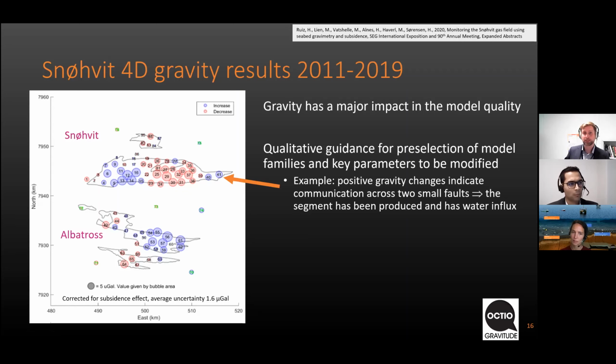Water has come in from the surrounding aquifer and taken place inside the area because the hydrocarbons have been produced and gone over to the producer.